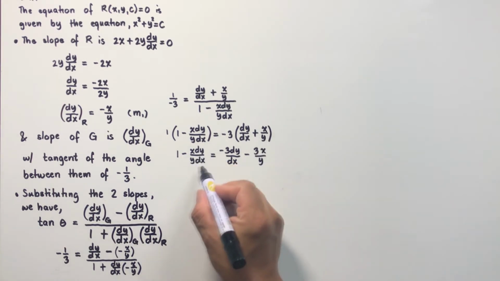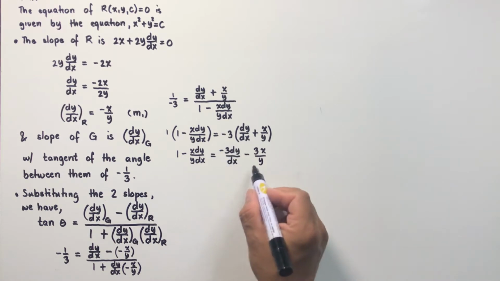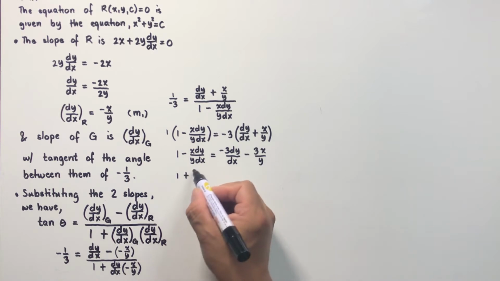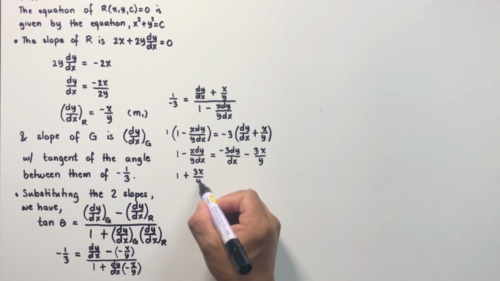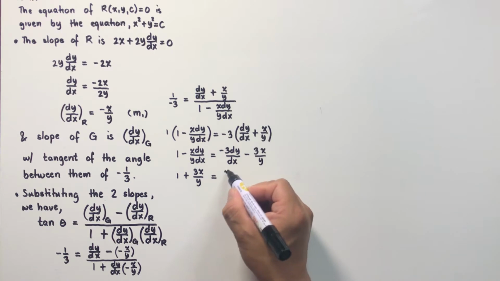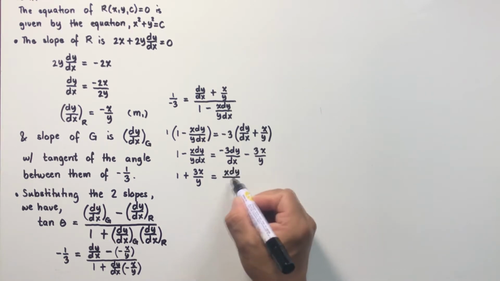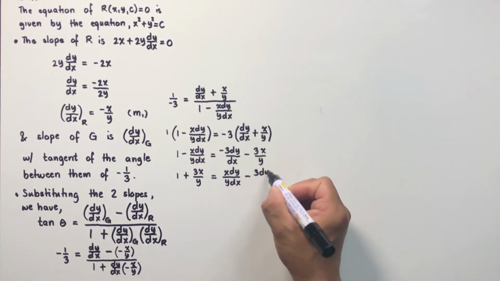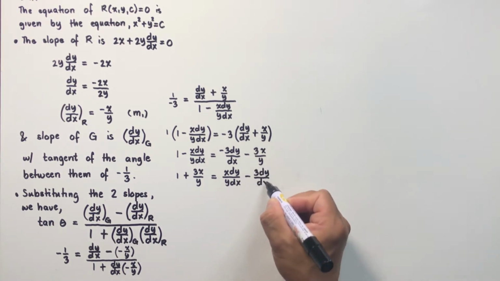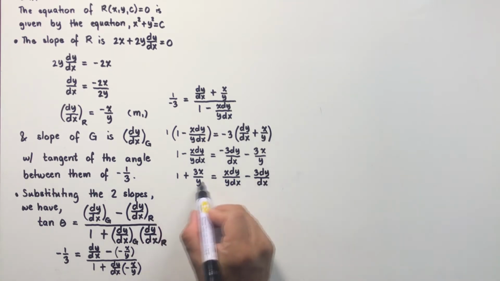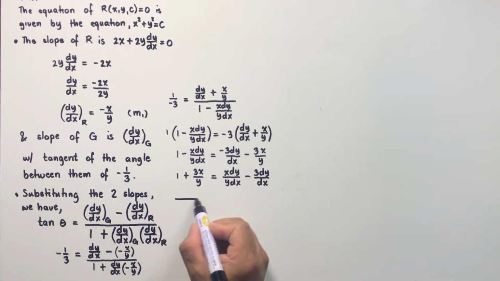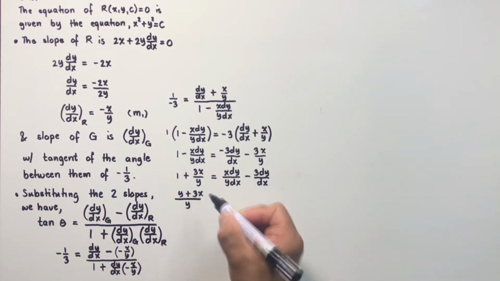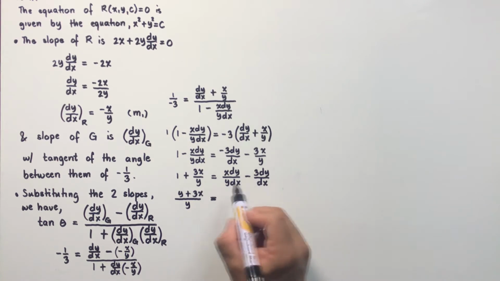And grouping all the terms having dy at the right-hand side of the equation, we have 1 plus 3x over y, which is equal to x dy over y dx minus 3 dy over dx. And combining these two fractions here, we have y plus 3x over y, and this is equal to these two terms here.